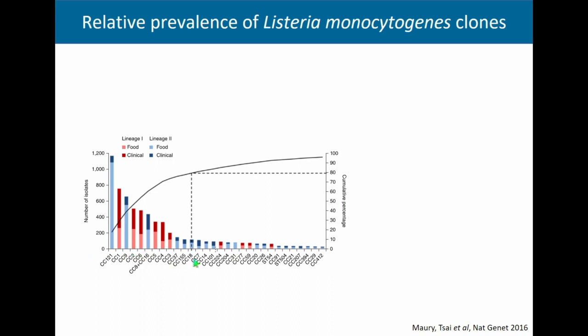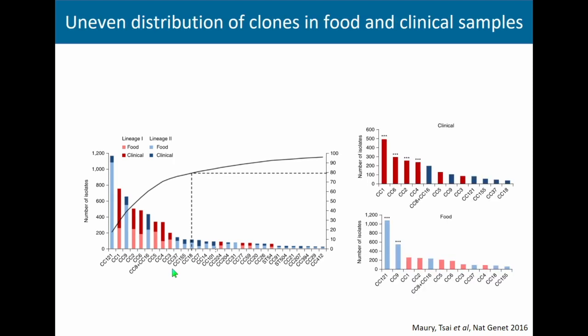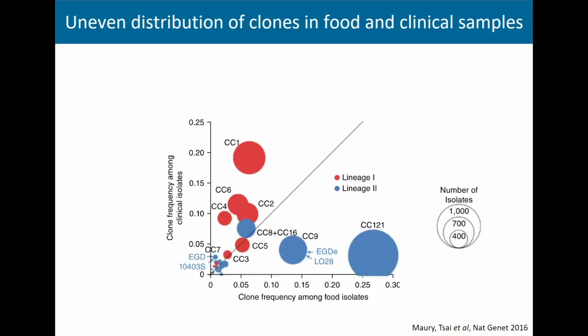I don't expect you to read this, but if you break down this category between clinical and food strains, you see that the distribution is clearly different. You have clones which are much more prevalent in clinical samples than they are in food samples from which they derive. So there is an uneven distribution of clones in food and clinical samples.